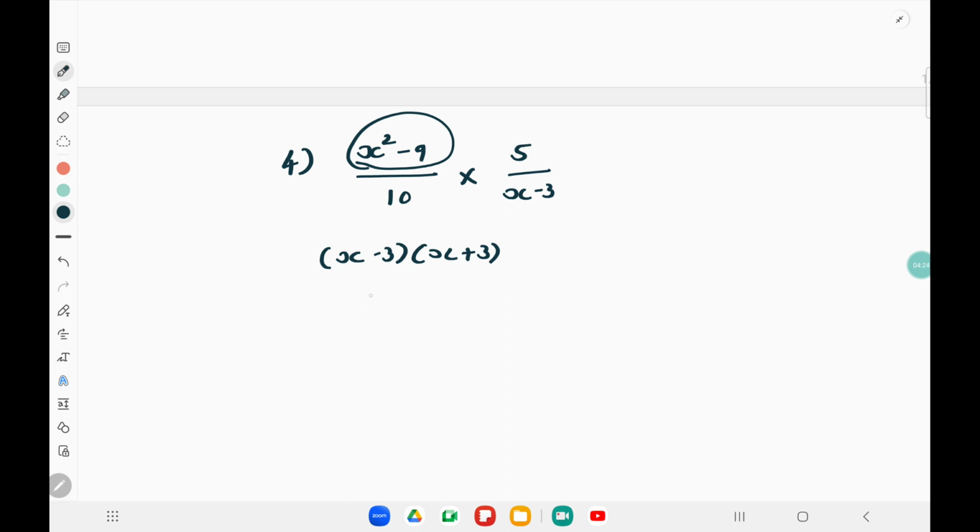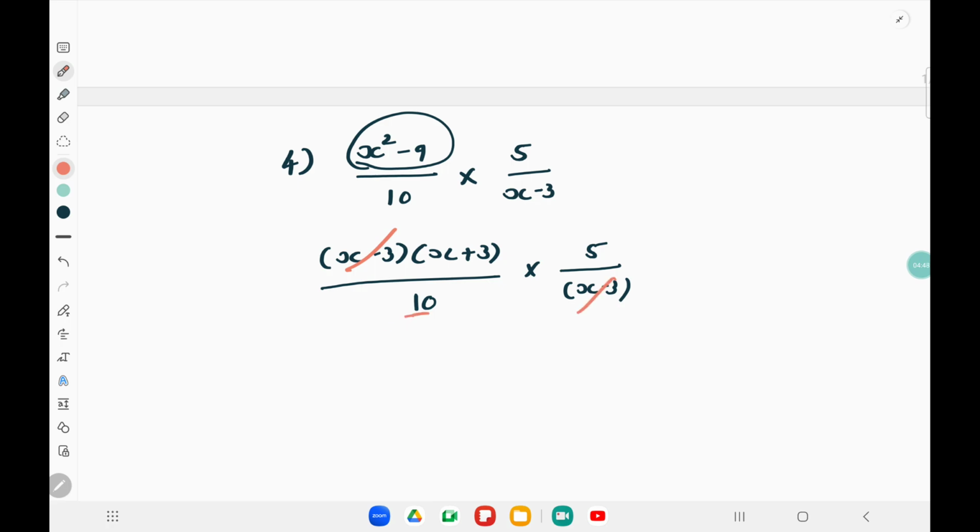So x squared minus 9 factorizes into x minus 3 and x plus 3. We learned this in a previous video, and if you are not sure, go back and check the difference of two squares video. Times 5 over x minus 3.